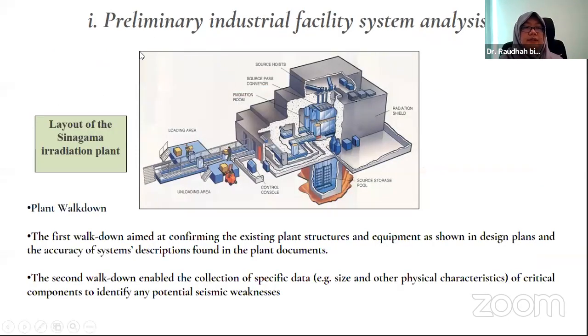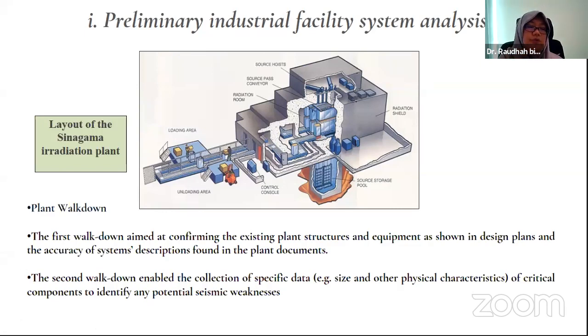Okay, so in the first step, preliminary industrial facility system analysis, the best thing is to do a plant walk down. We have to go to the site and do an inspection, because from the walk down you are able to see the real condition and also verify what is in the design plans, to check the accuracy of the system description.